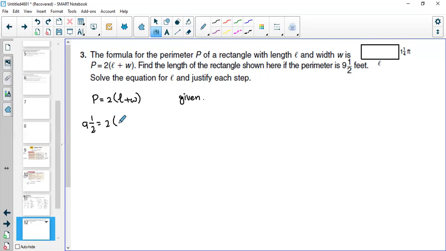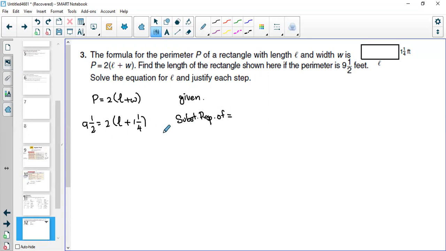So this is going to be 2L plus, what's the width? 1/4. What did I just do? What kind of justification are we going to give here? I replaced the numbers. So what is the replacing called? It's called substitution. So substitution property of equality is the first justification.